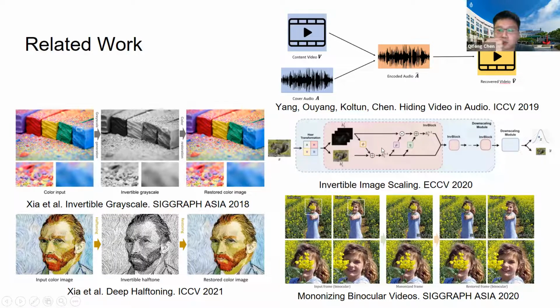In super resolution, there is a work, invertible image scaling, where the authors use an invertible model that downsamples the image, but at the same time can recover the high resolution image with high fidelity. And one more example is where we can convert a stereo video to a monocular video, but at the same time, we can recover the stereo video from the monocular one. So some of our research is inspired by this related work.